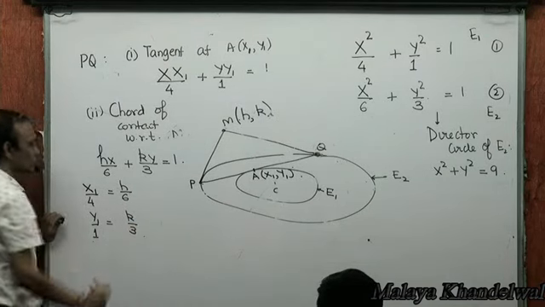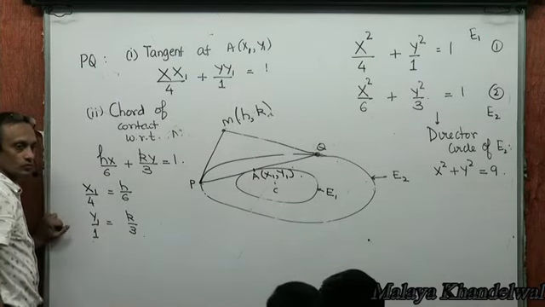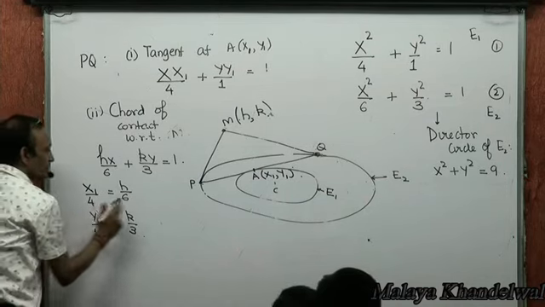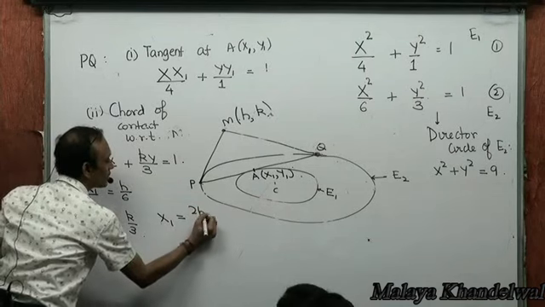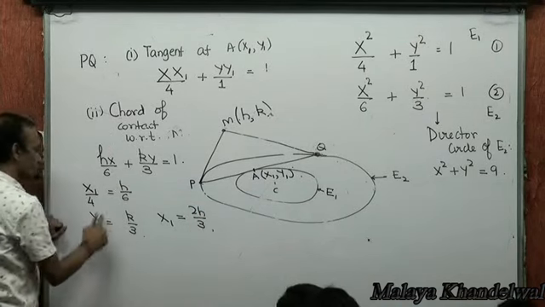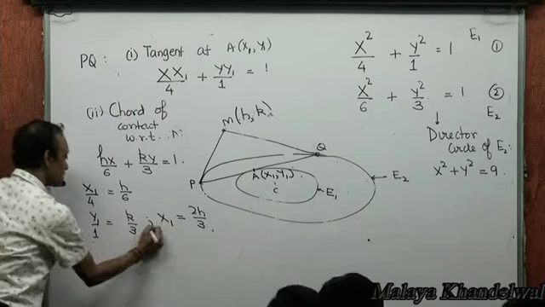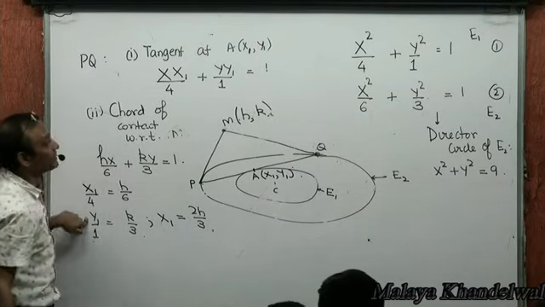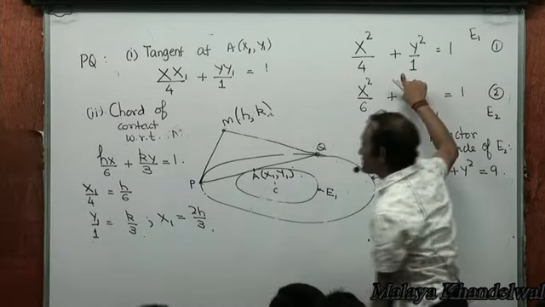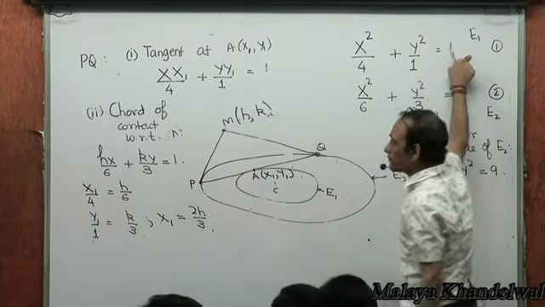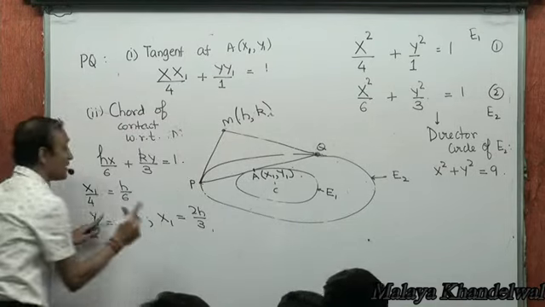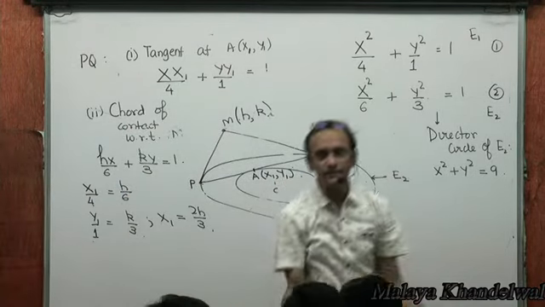Yes or no? So x1 then becomes 2h by 3. y1 of course is k by 3, but x1, y1 is a point on the inner ellipse, so x1 squared by 4 plus y1 squared by 1 must be 1. That's how I can eliminate x1, y1 and bring h, k into light.